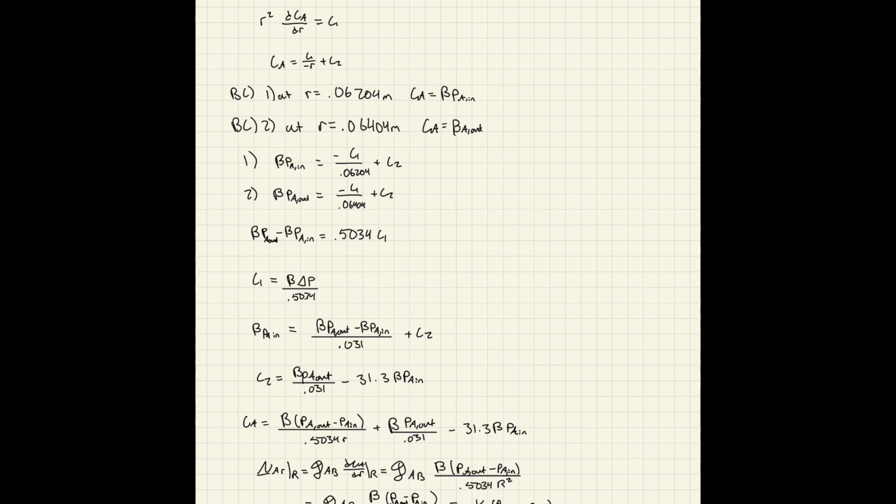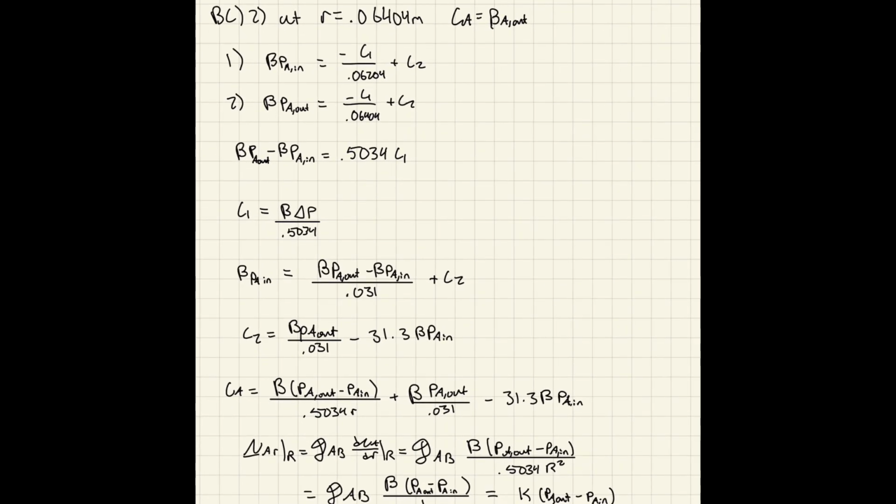We're now going to evaluate at the radius of capital R. So our N_A at R is equal to diffusivity of A in B times dC_A/dR. We're again evaluating at R, and we now have diffusivity of A and B times beta times partial pressure of A outside minus partial pressure A inside over 0.5034 R squared.